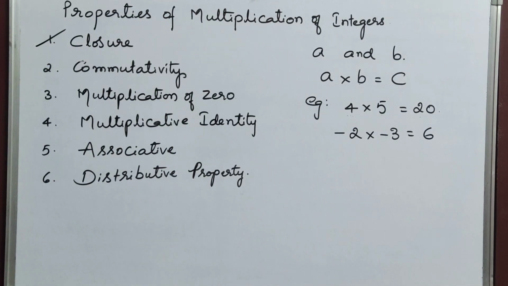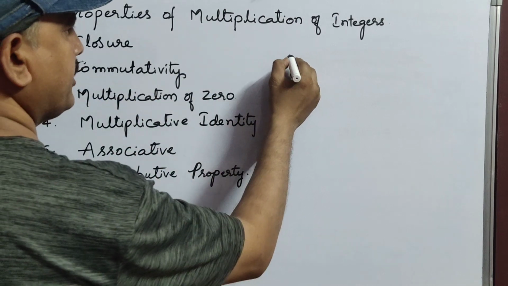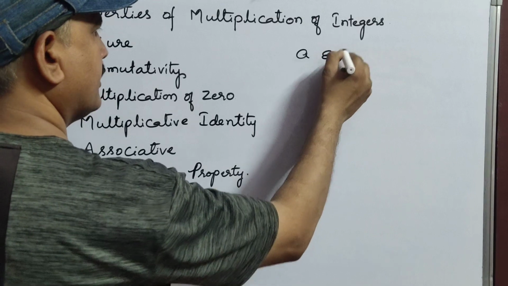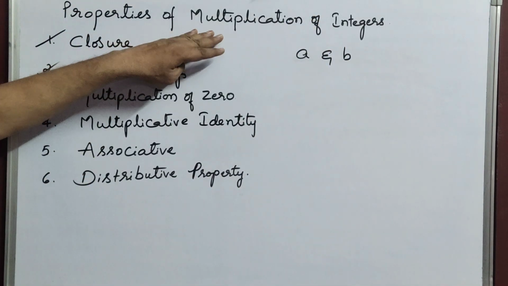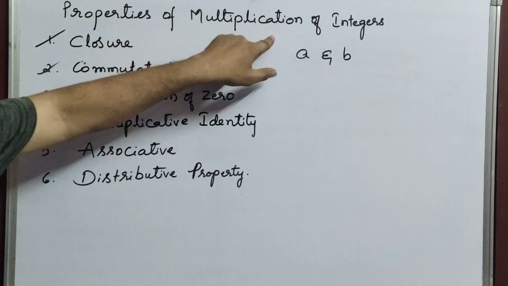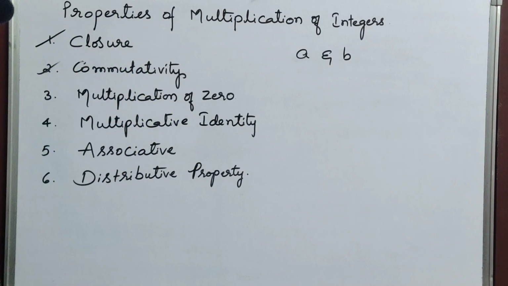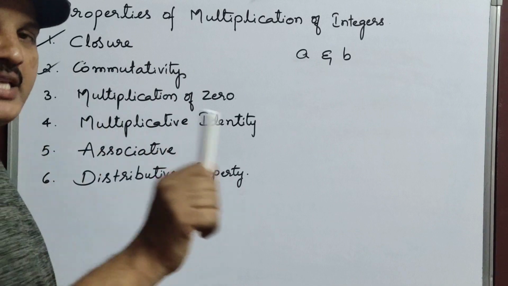Now next we will go for commutative property. Commutative property means A and B are any two integers. We are all discussing the multiplication of integers, properties of multiplication of integers. That's why I am placing the into symbol only. But when we discuss addition, we have to place the plus symbol.